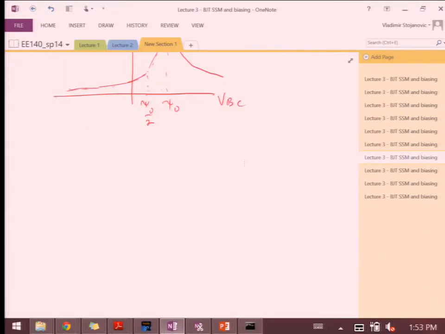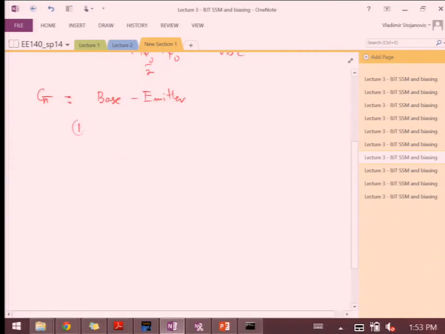And so that C pi cap is really the cap between base and the emitter. And now you're going to see, because the base emitter junction is forward bias, this cap is exactly all about how the minority carriers are fluctuating around the junction in time.